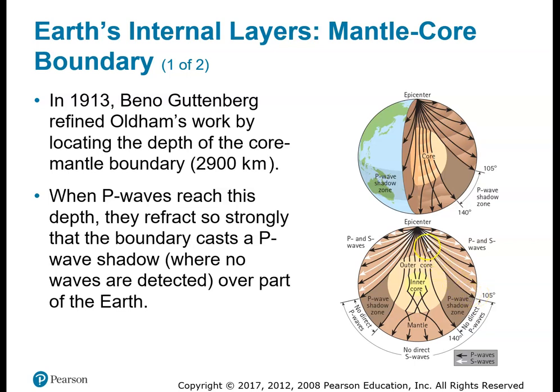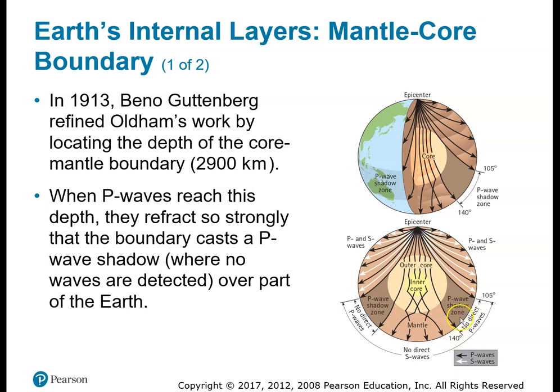When the P wave hits the boundary, it'll refract, and so between 105 degrees and 140 degrees of the epicenter, where the earthquake took place, you would see this shadow region on the other side of the earth where you didn't see any S waves or P waves, right? But once you got beyond that, you would start to see the P waves again.